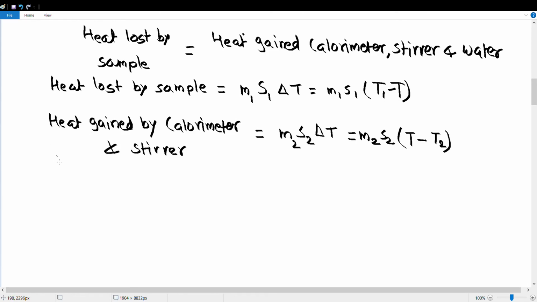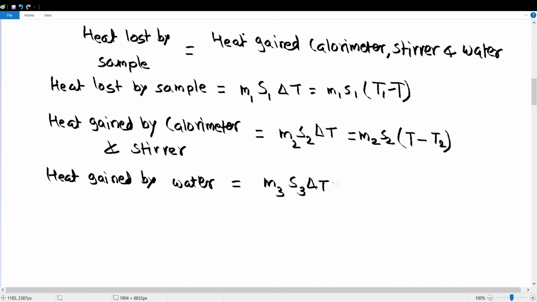And lastly, the heat gained by water is equal to, again, the product of mass into specific heat into del T. Mass of water is M3.